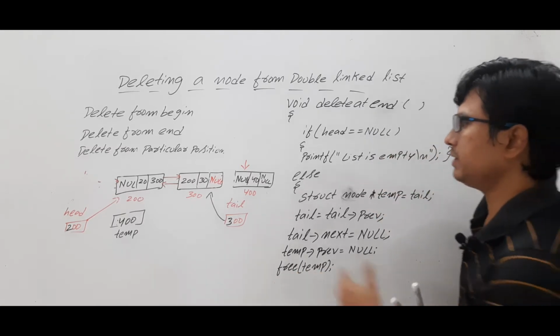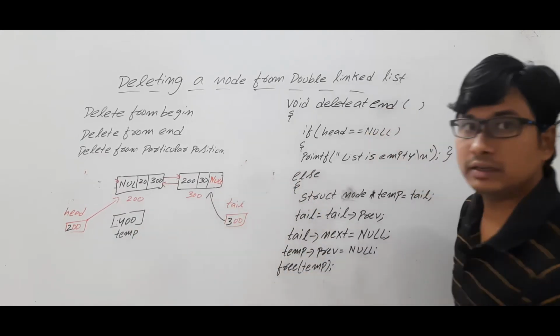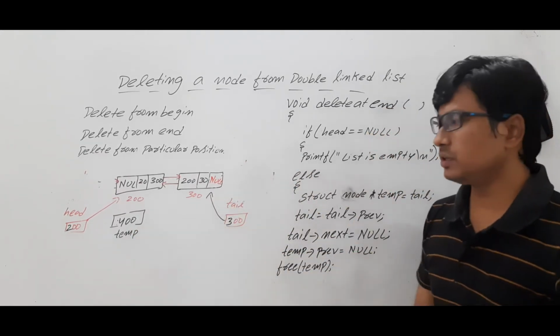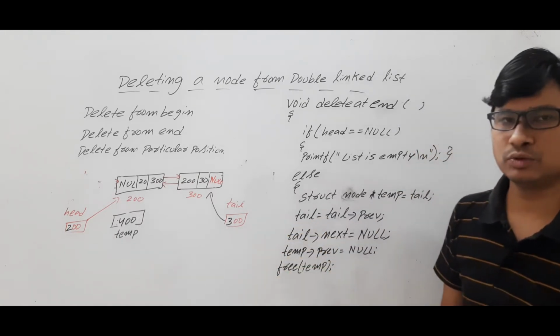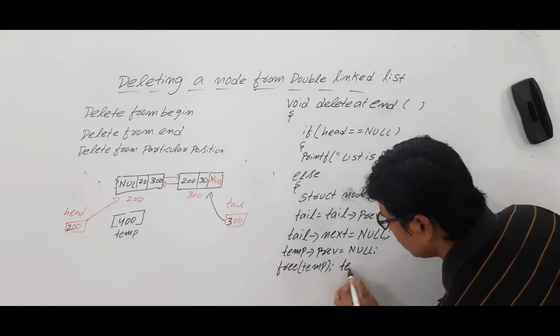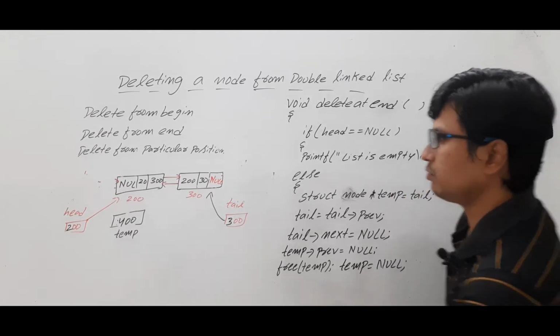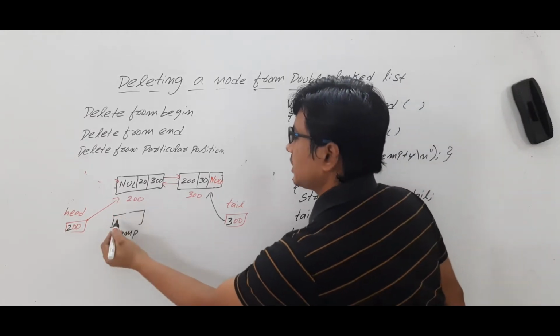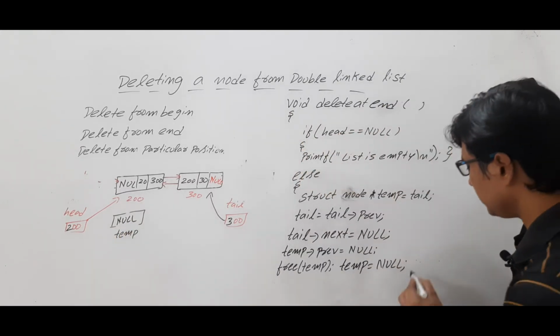Then this memory will be released, but still temp consists of the address 400, which is not there. So temp is a pointer pointing to non-existing memory, which is a dangling pointer. To avoid the dangling pointer, we will assign null to the temporary pointer. So here we will make it null. Done. We have deleted the node from the end in the double linked list.